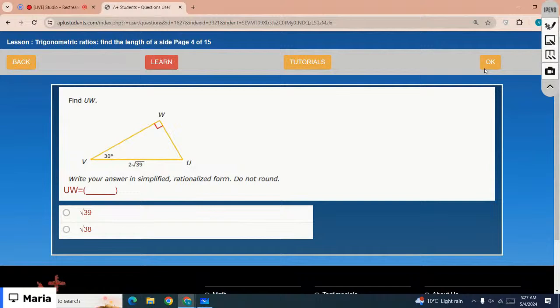The correct option is square root 39. Option number 1 is the correct option.